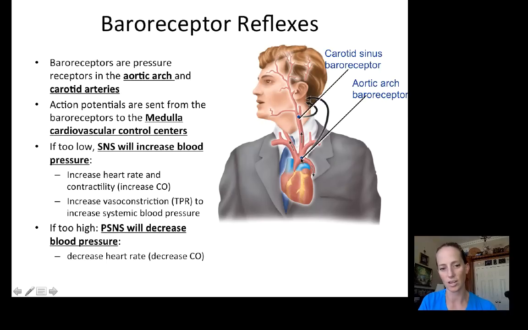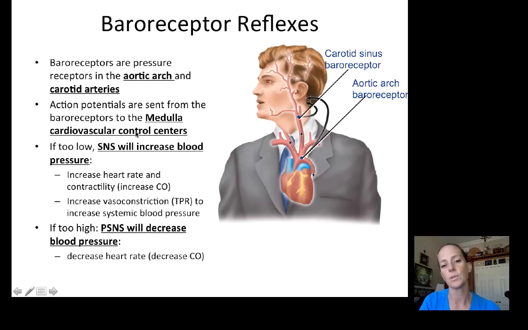When blood pressure is not adequate, then the sympathetic nervous system will be triggered. It's triggered by the baroreceptors contacting the medulla. The medulla, which is in the brainstem, has cardiovascular control centers.